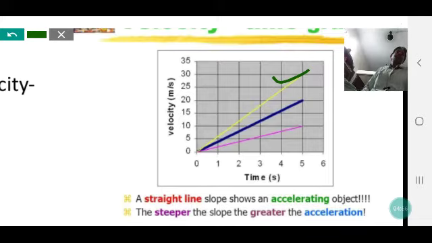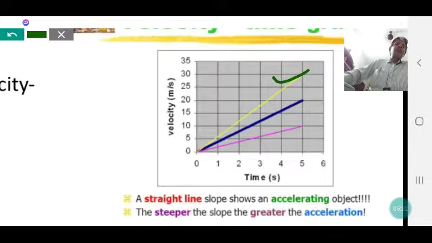Since the velocity time graphs plotted here are straight lines, the three objects are moving with uniform acceleration. The magnitude of the acceleration is indicated by the slope of the graph.